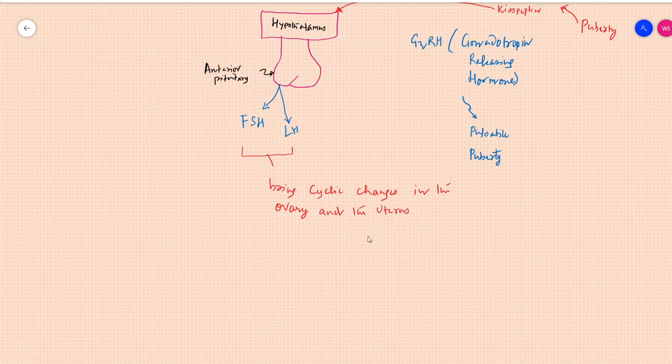And this cyclic change is called the reproductive cycle.